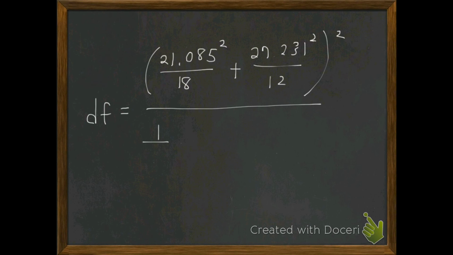And then we have, what, 1 over 11? No, we don't. Thinking ahead here.